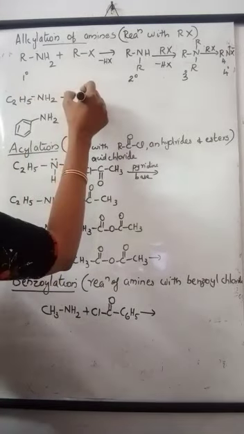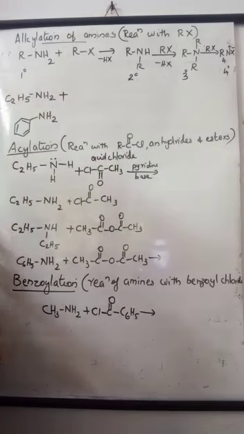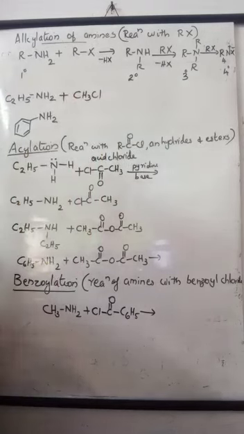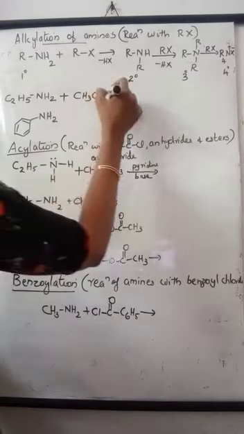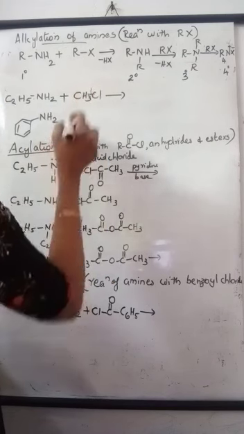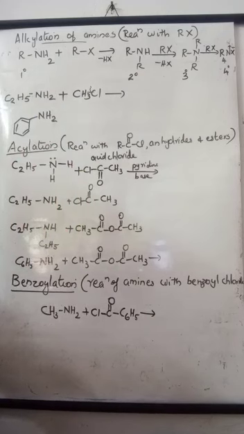For example, if we need to introduce a methyl group, N-methylethaneamine, we need to add CH3Cl, methyl chloride. When methyl chloride reacts, what happens? Here the CH3Cl bond breaks and this CH3 group substitutes the hydrogen atom of amine.